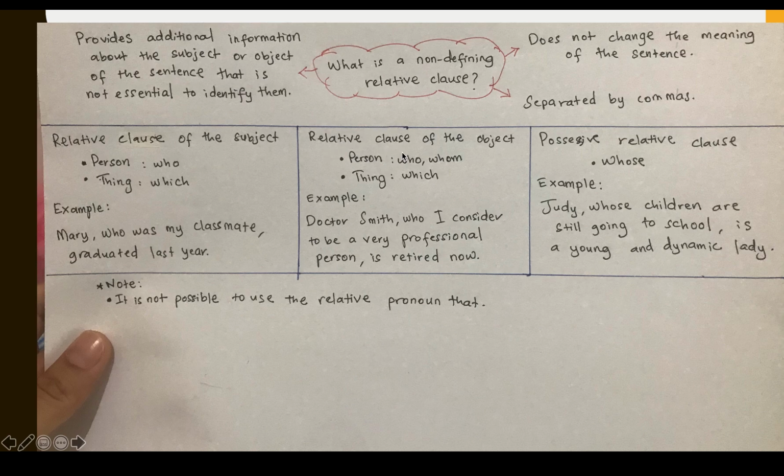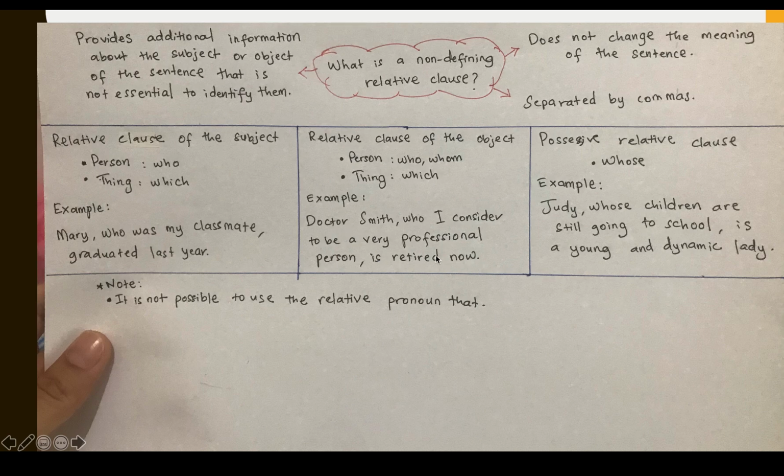Relative clause of the object. If the object is a person, we use who or whom. If the object is a thing, we use which. For example, Dr. Smith, who I consider to be a very professional person, is retired now. Here we can also say Dr. Smith is retired now.